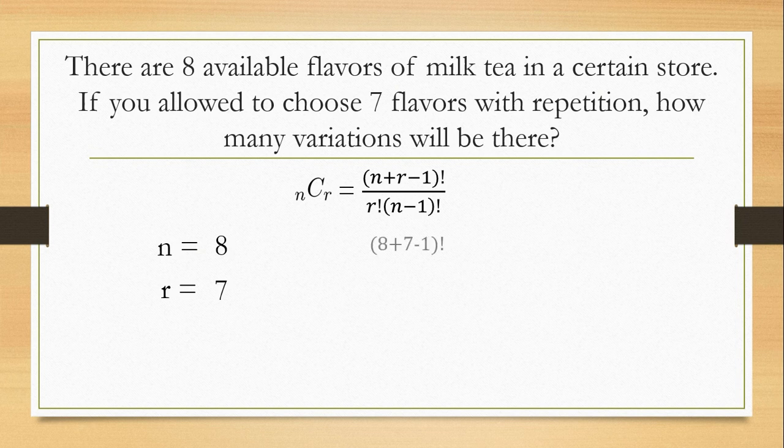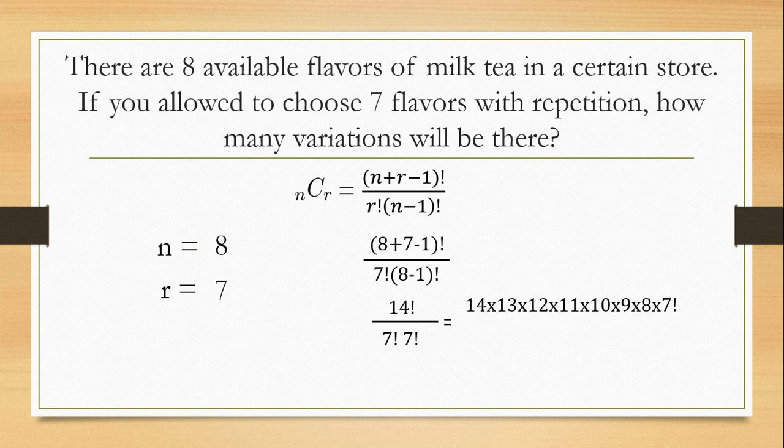So we have 8 plus 7 minus 1 factorial divided by 7 factorial multiplied by 8 minus 1 factorial. So 8 plus 7 minus 1, we have 14 factorial divided by 7 factorial, and 8 minus 1 is 7 factorial. So let's expand 14 factorial using factorial notation. We have 14 times 13 times 12 times 11 times 10 times 9 times 8 times 7 factorial.